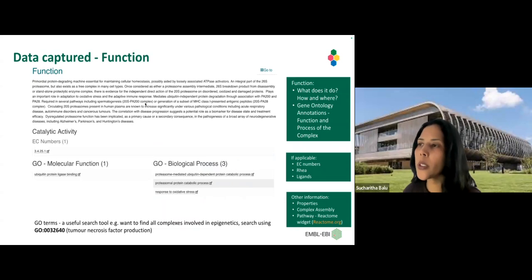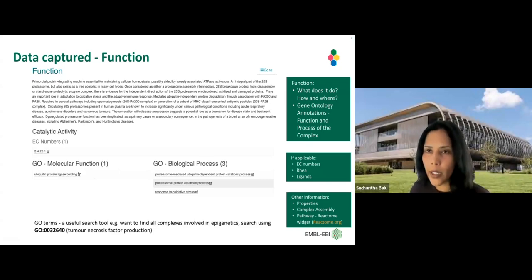So also what you would see on a complex's details page is a free text function statement. This describes what the complex actually does in physiology and where you might find it. It's tagged with Gene Ontology molecular function and process terms.